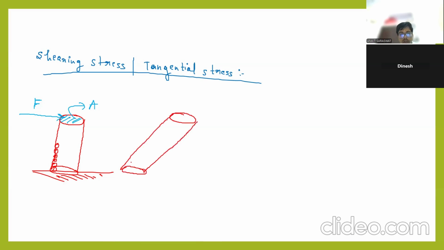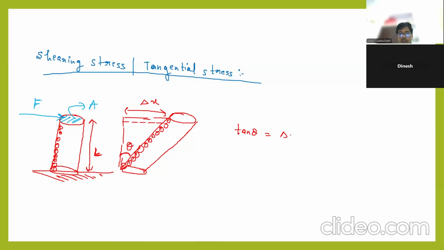This molecule will extend like this because you are applying a deforming force. These molecules are initially straight. Then this is the extension, delta x. Let us suppose length is L. This is the theta. Tan theta, if I write, is what?